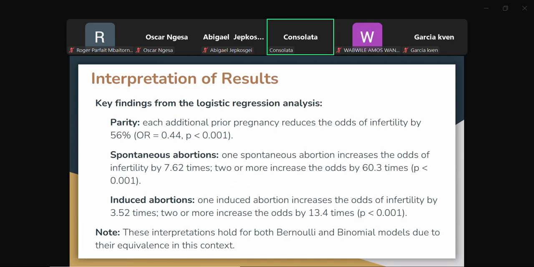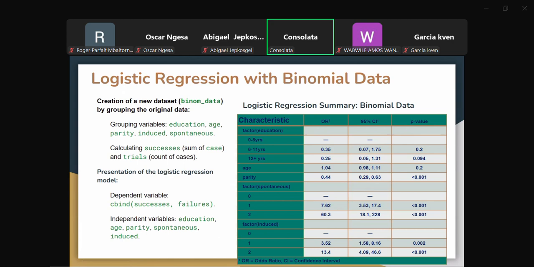And then to interpret our results, we said that the main predictors, depending on the value of the p-value, are parity, spontaneous, and induced abortions. When you look at parity, you see an odds ratio of 0.44.